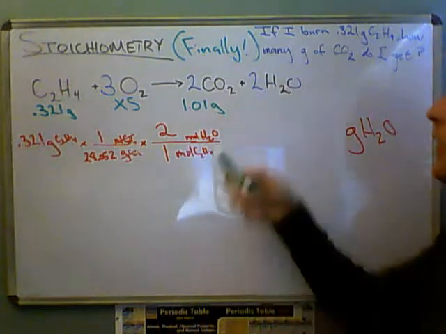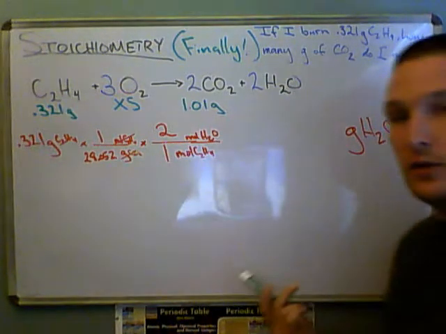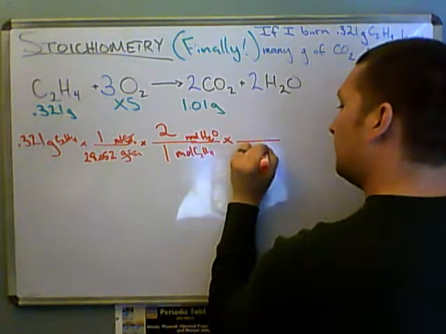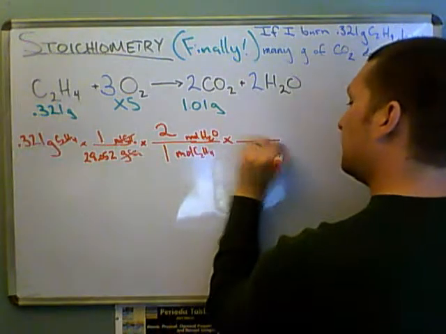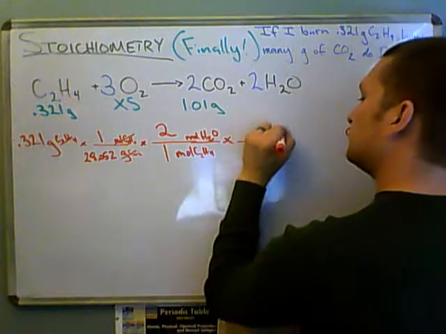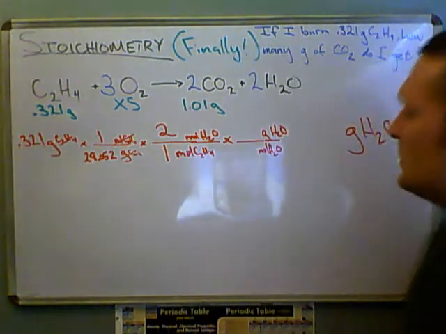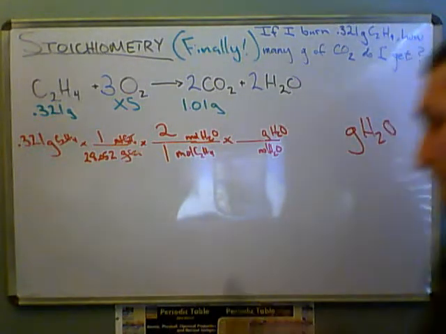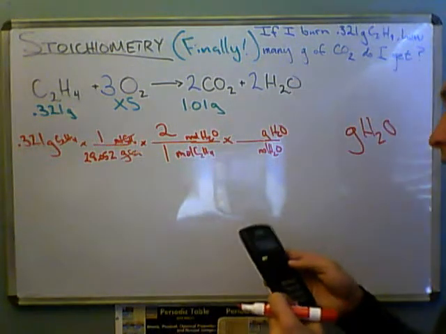Now, can I go from moles of H2O to grams of H2O? Yeah. We're going to put moles on the bottom. That's moles of water to grams of water. And we're going to need to find out what that is. So I'm going to pick up my calculator. And let's see.